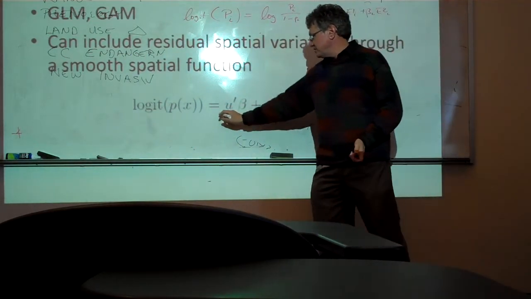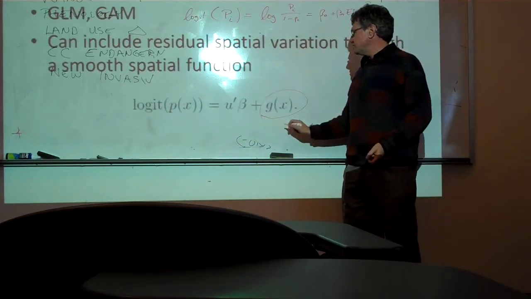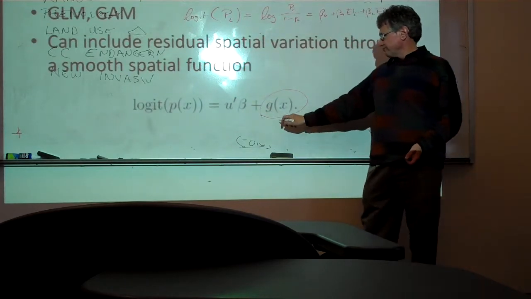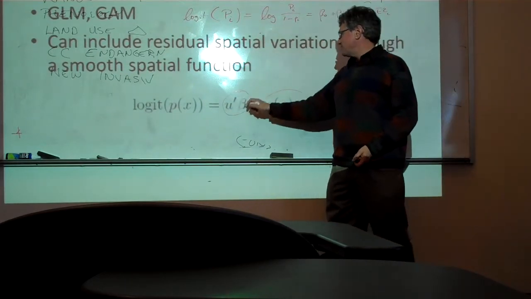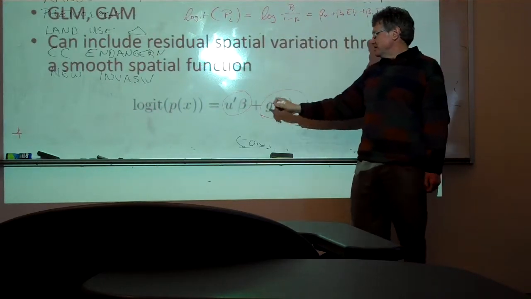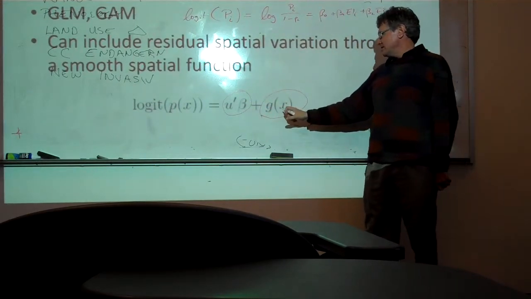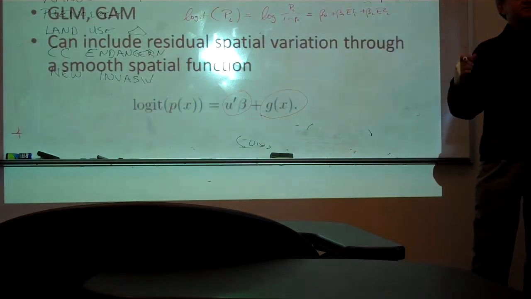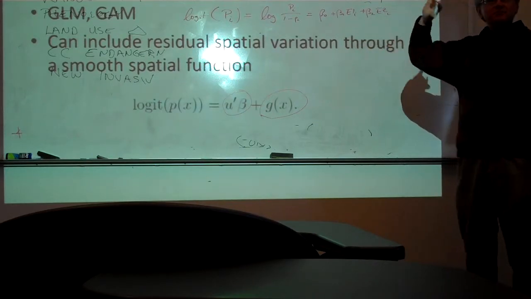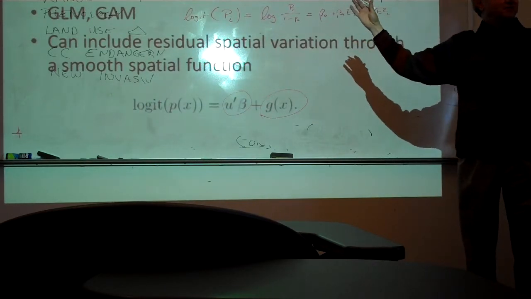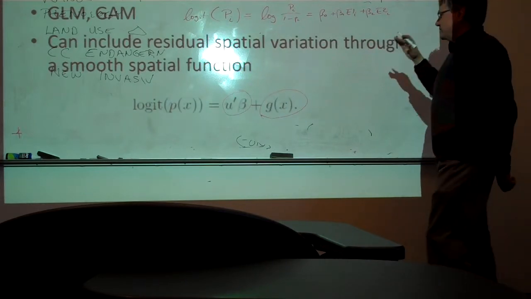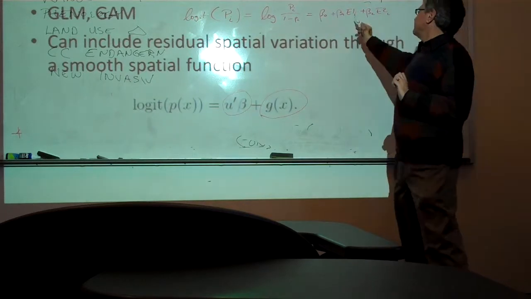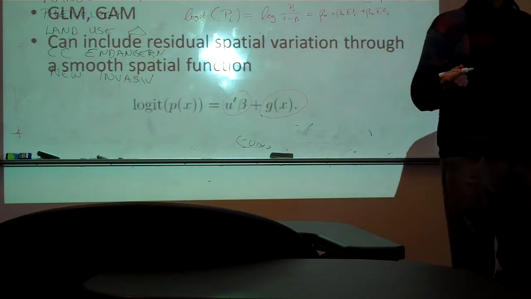Here's where I mentioned that you can include a spatial term. This part is just a parametric equation, and then g of x, where g is just some smooth function of where x is space. So there's some unknown smoothly varying function across the landscape that represents all the spatially correlated residual variation that's not captured by the environment variables that you've measured.